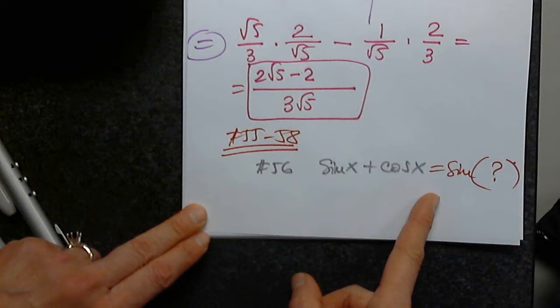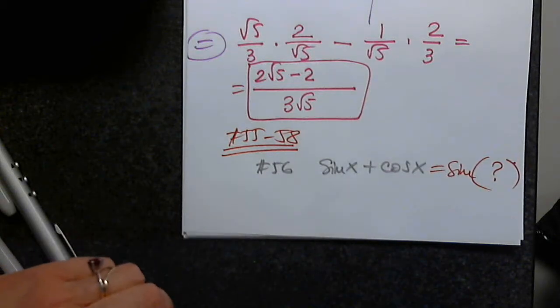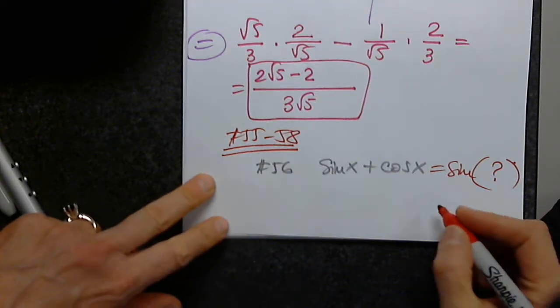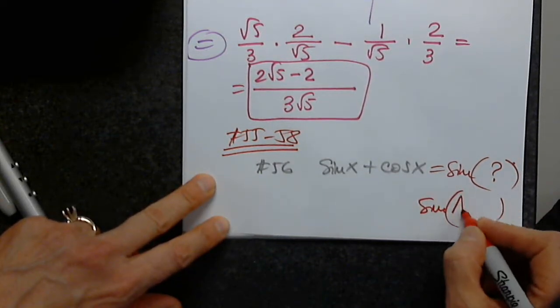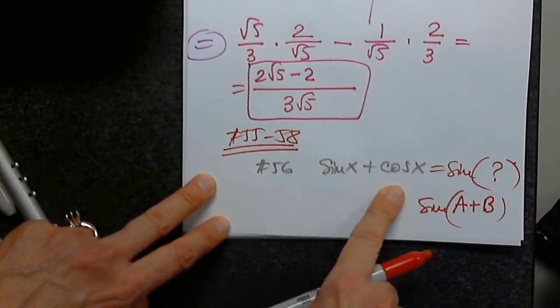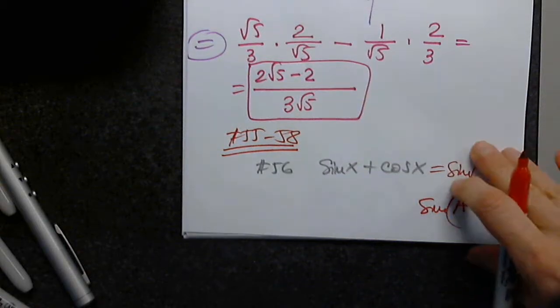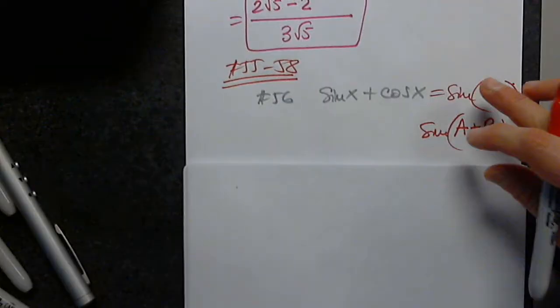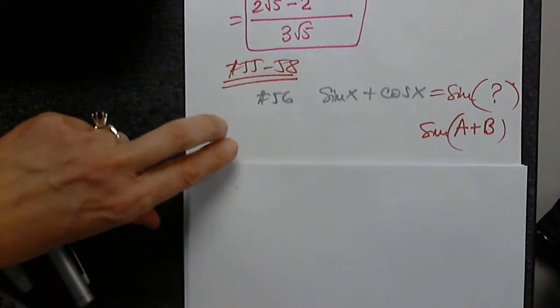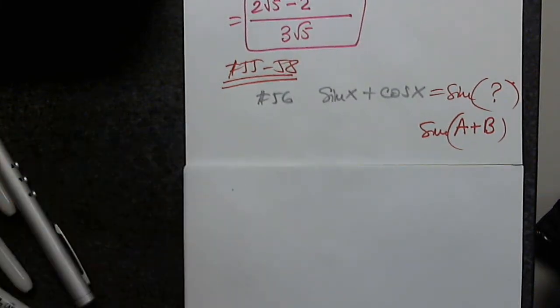So something is missing. I am thinking of sine of a quantity plus another quantity. I cannot use these letters yet. Looks like we need to cancel out or put in something.